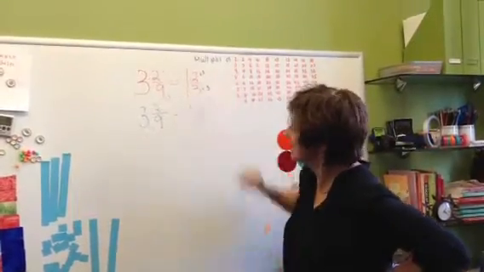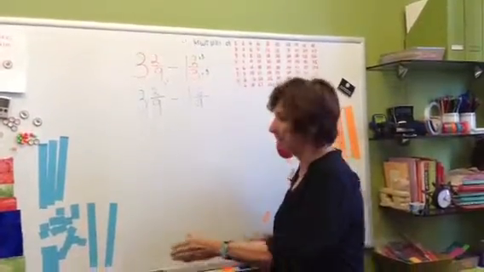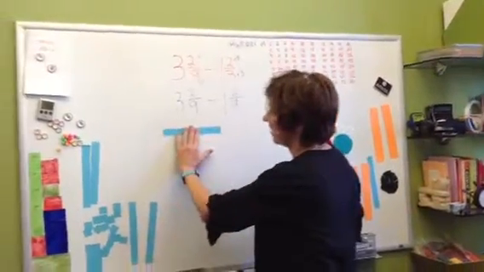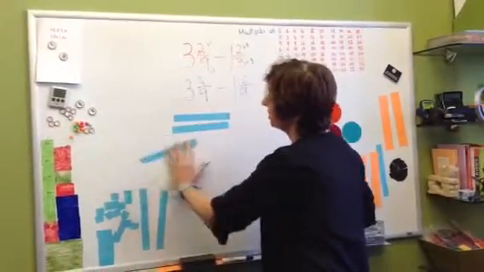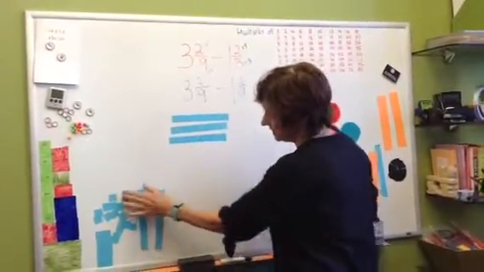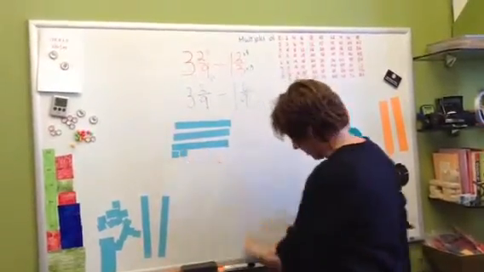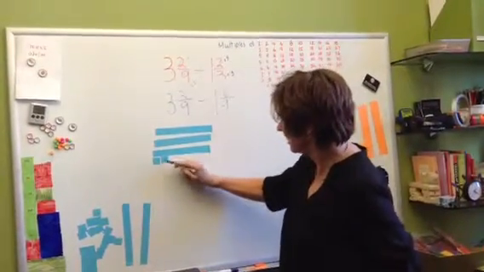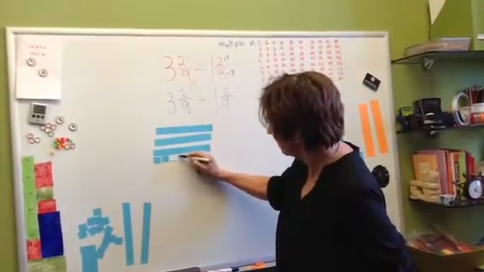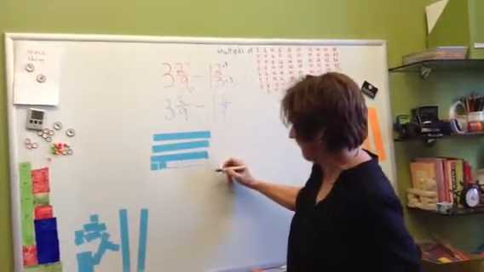gives us 6/9. I'm going to take just a minute and show you a model of that. So I have 1, 2, 3 bars, and 2/9. If I wanted to, I could show you that there are 9 here: 1, 2, 3, 4, 5, 6, 7, 8, 9.